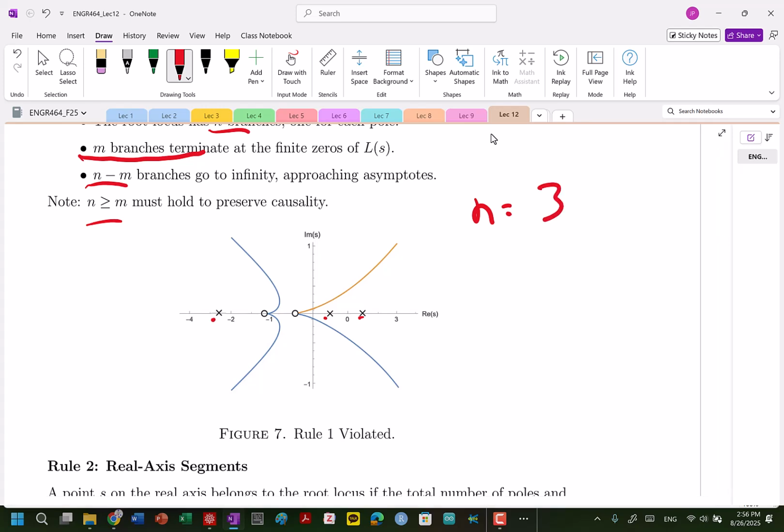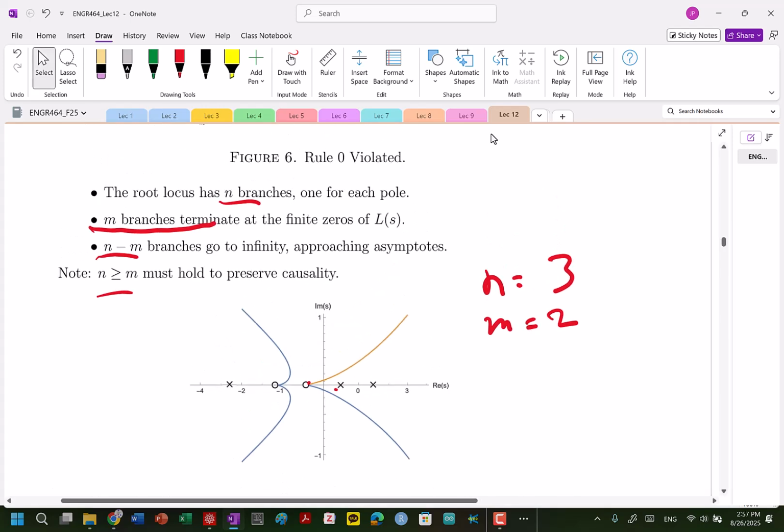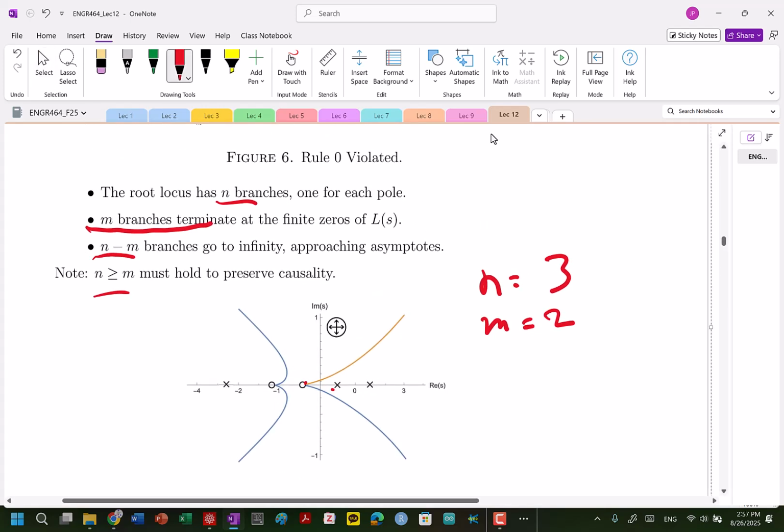So there are 3 poles. How many zeros? 1, 2. So there are two zeros. That means I need to see n branches. Do we see 3 colors here? No, we only see 2 colors. So already that's a violation.